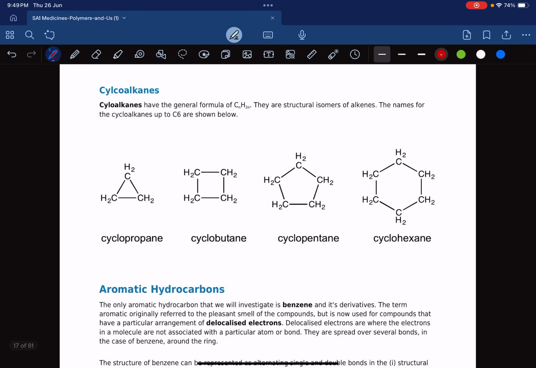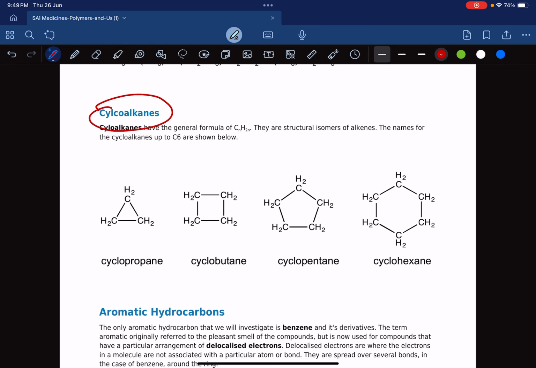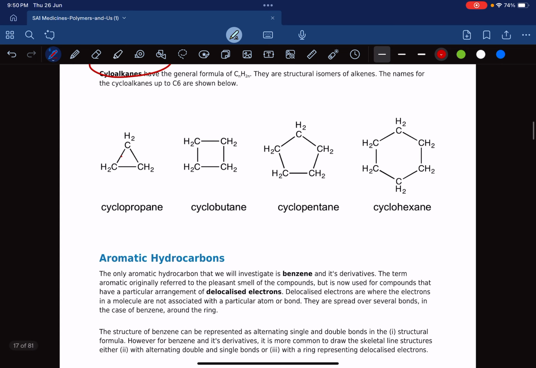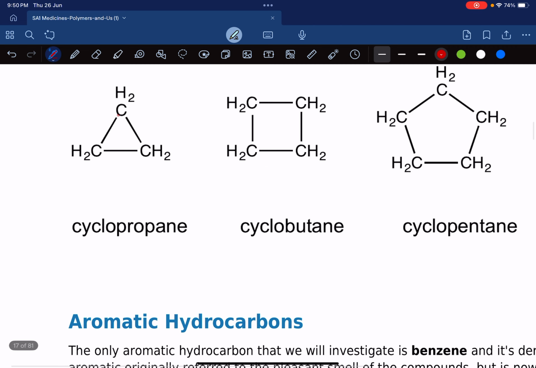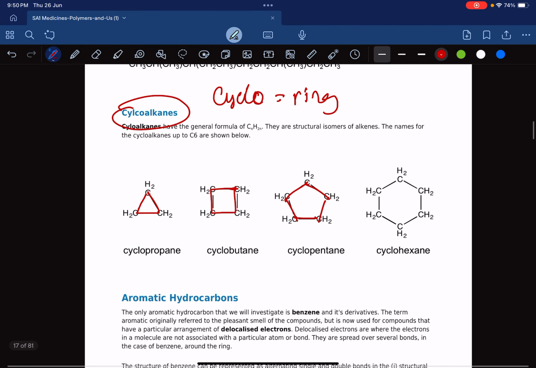Cyclo, C-Y-C-L-O, means like a ring. So if you look at all these pictures here, they all have a ring structure. That means it's closed. It's a closed loop. Ring structure. So that's what cyclo basically means.